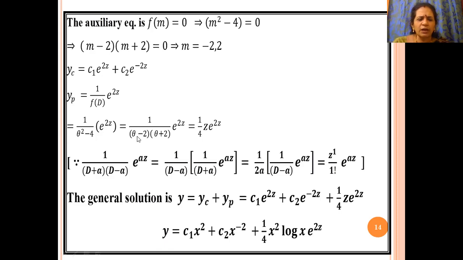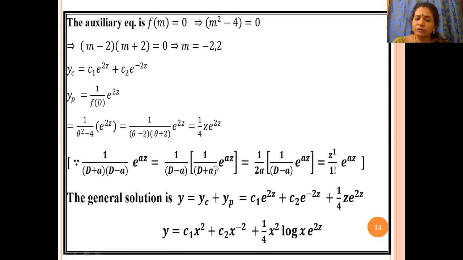If we substitute the a value in this, it becomes 0, that's why we separate this factor first: 1 by D minus a, and the remaining we keep like this: 1 by D plus a into e power az. Now if we substitute the a value in this, what will we get? 1 by 2a into e power az.